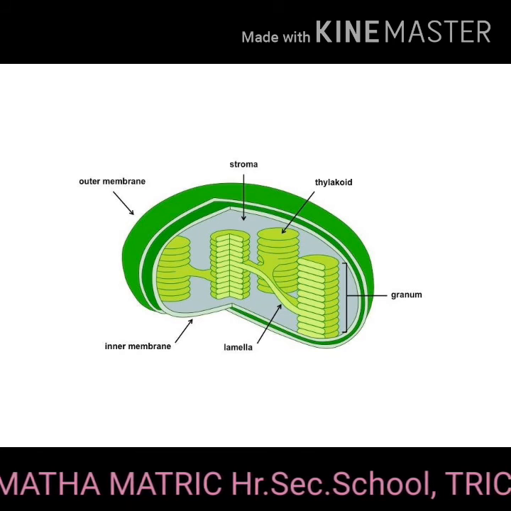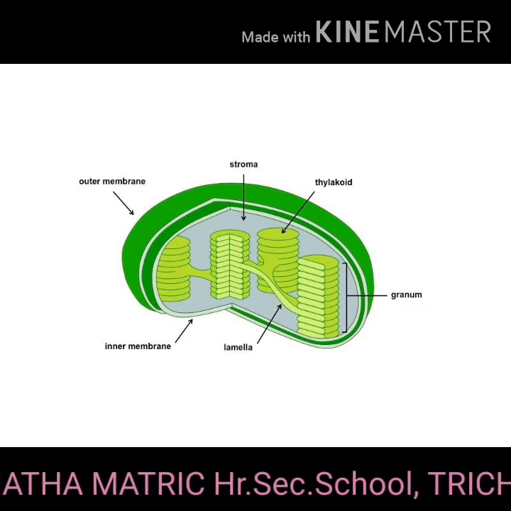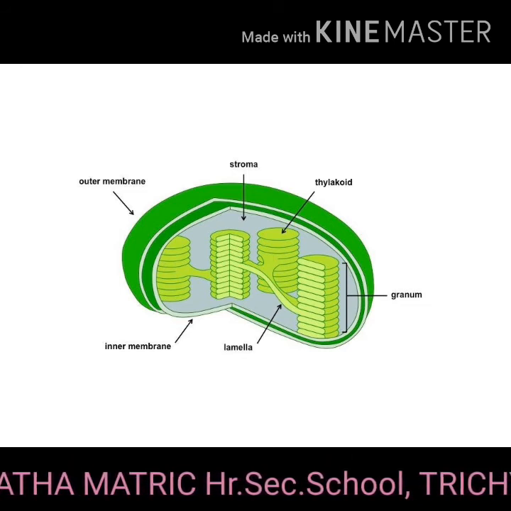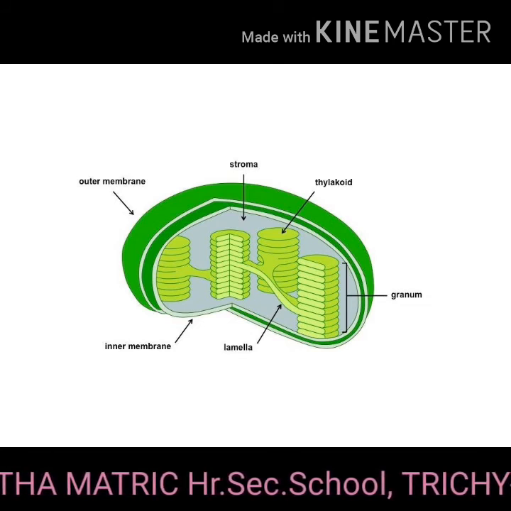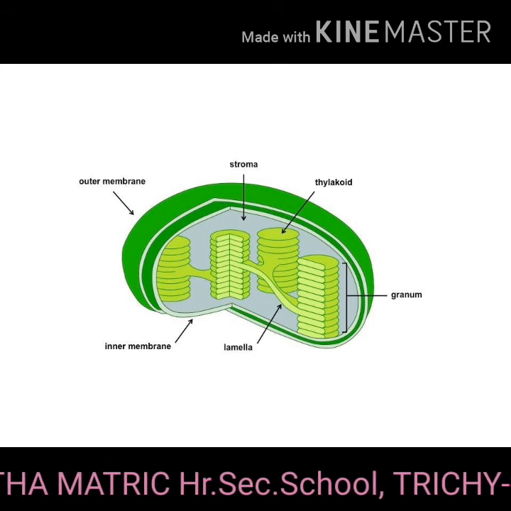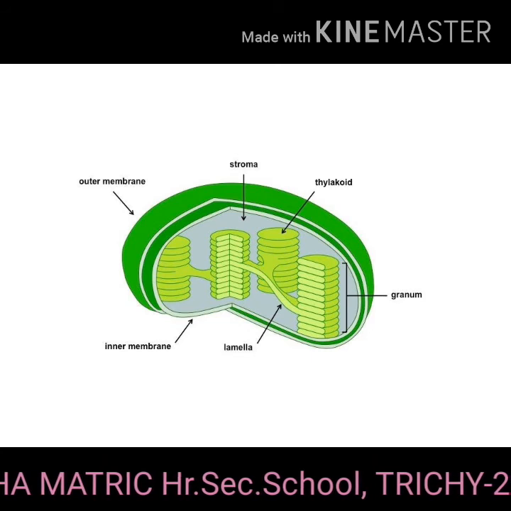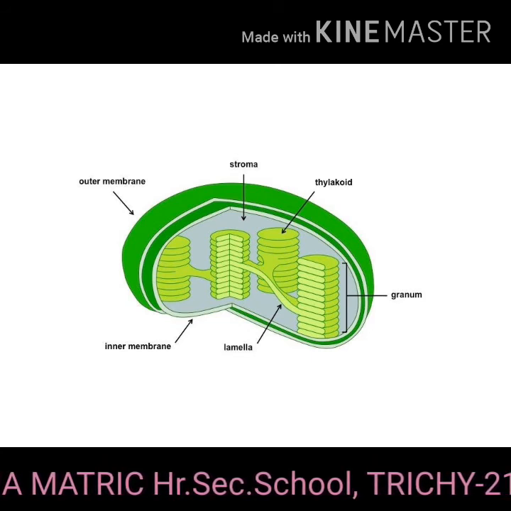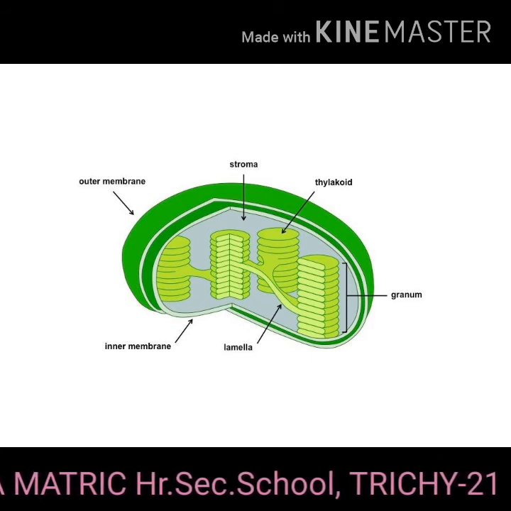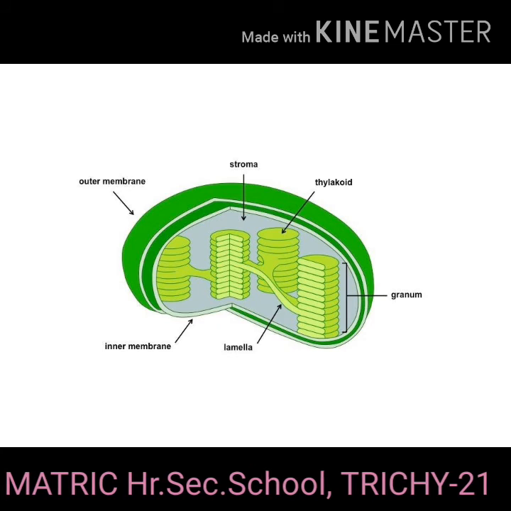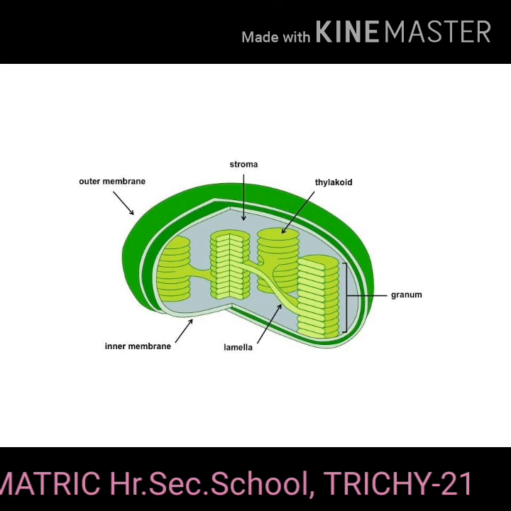The next cell component name is chloroplast. They contain green pigment called chlorophyll. They capture the energy of sunlight and use it to produce food for the cell by the process photosynthesis. The special name for chloroplast is food producer for the cell.